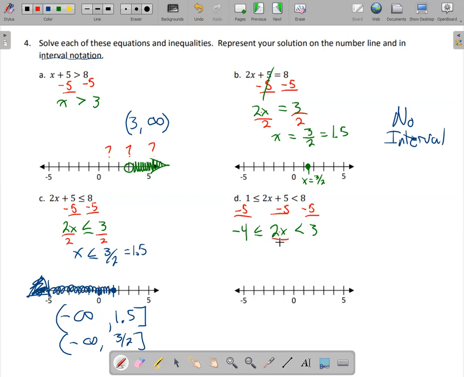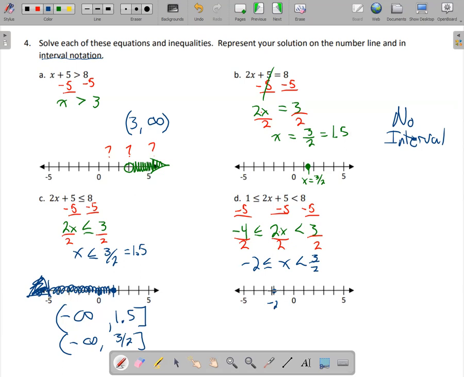The divide by 2 has to happen everywhere. So then here, we finally just get an x in the middle. We've got the 3 halves on the right side. And let's see, 2 goes into -4, -2 times, and it is the less than or equal to symbol. So let's see, -2 is right here.